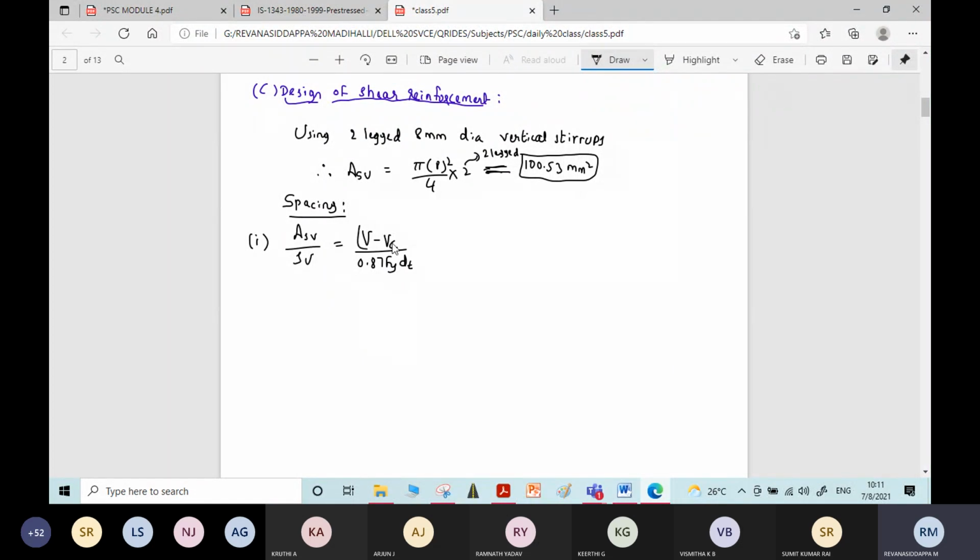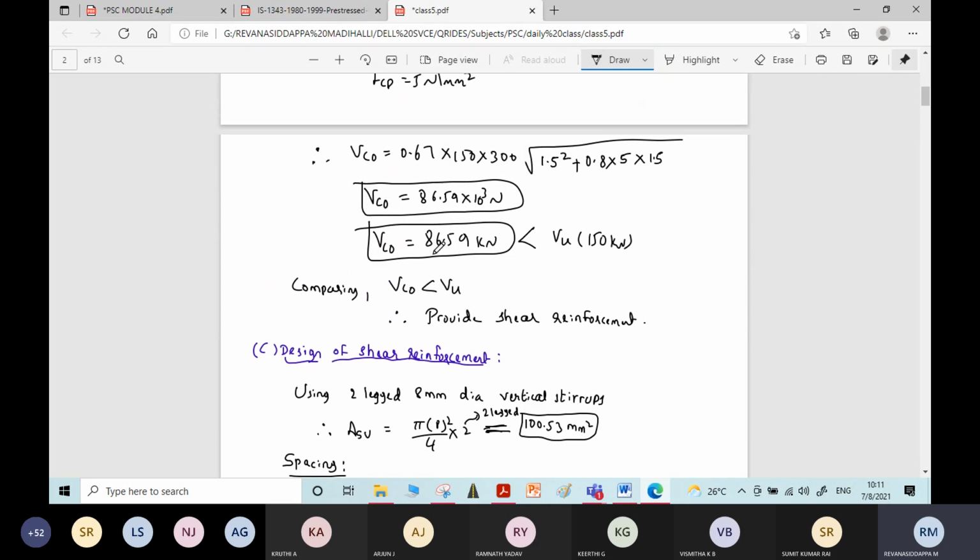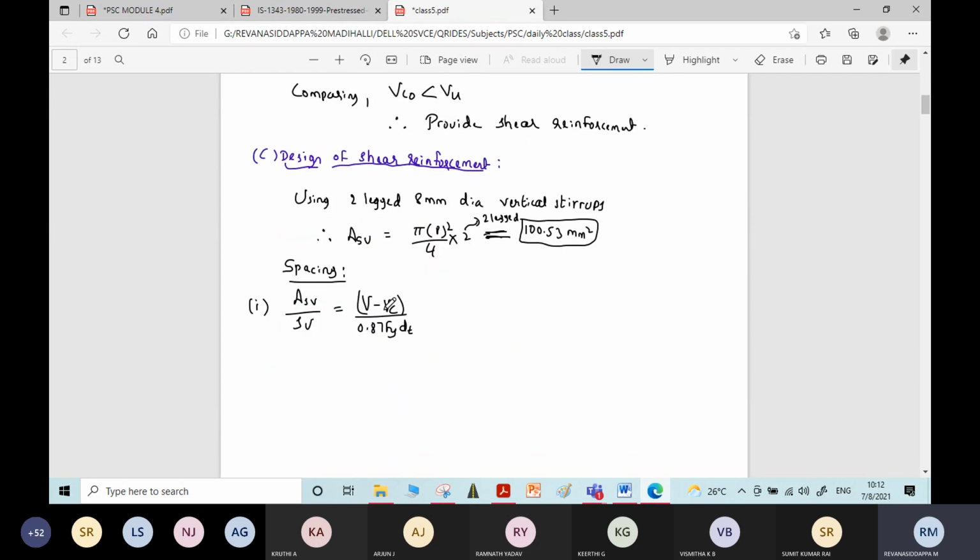V minus VC represents what? VC is the actual shear resisting capacity. V is the shear force acting on the beam. For the rest of the shear force, that is 150 minus 86.59, you are designing the shear reinforcement. That is why it is taken as V minus VC.